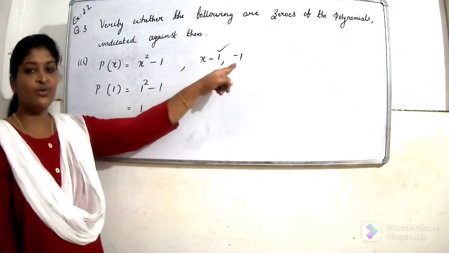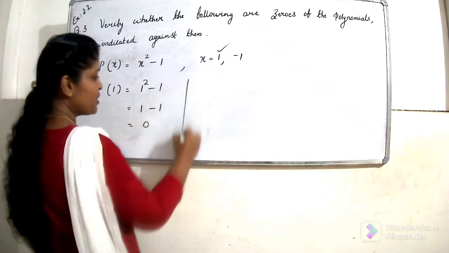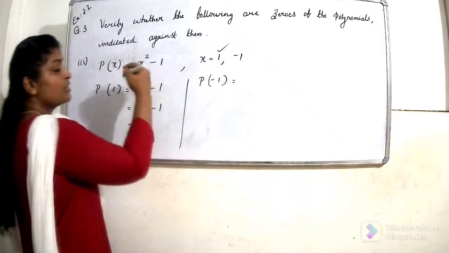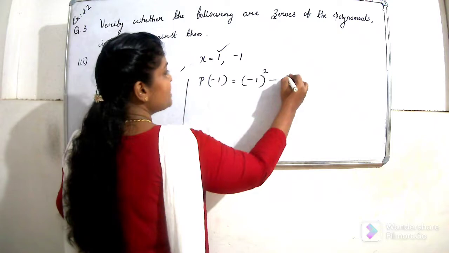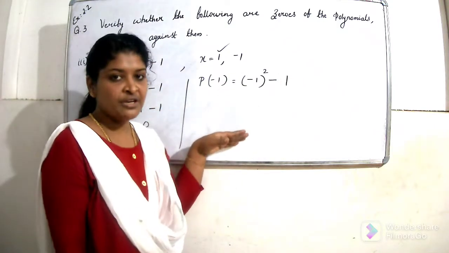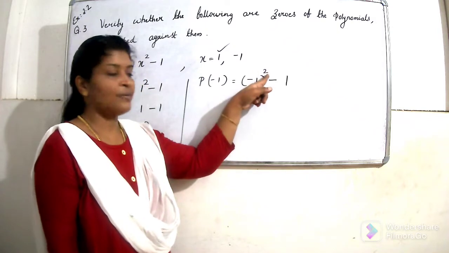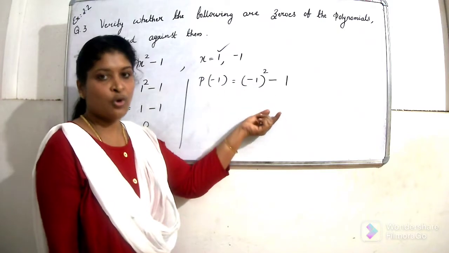Now one more value they have given, that also we have to check. So next, I am just doing that here. P of negative 1, we are substituting in this polynomial. Negative 1 the whole square minus 1. Okay, so we studied this in our integers chapter in the lower grade. When the power of a negative number is even, the sign will convert into positive.